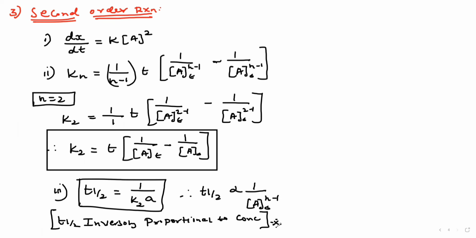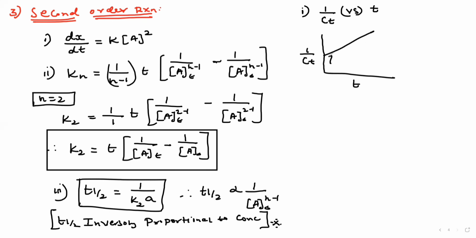Very, very important. Now I am going to explain the graphical representation for the second order reaction. The first graph is 1 by Ct versus time. Ct and At are the same, C0 and A0 are the same. Therefore, 1 by Ct versus time should be a straight line.